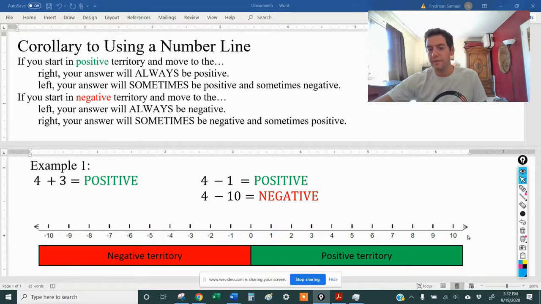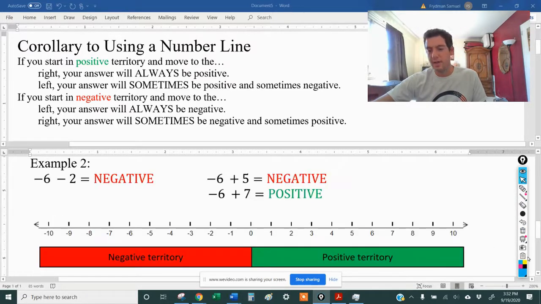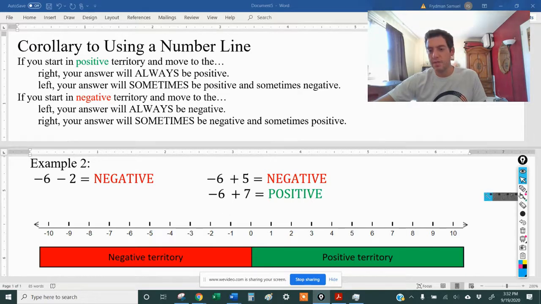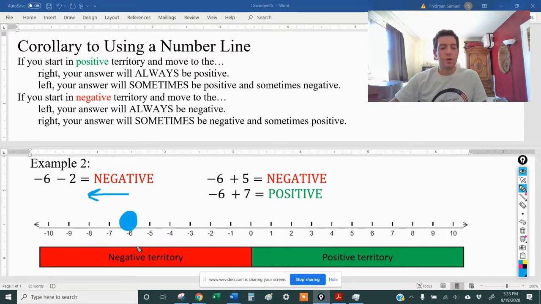In all of these cases now, we're starting in negative territory. So in these cases, we're always going to start at negative 6. All right, so we'll start at negative 6, and if we move to the left, if we go this way, then of course we're going to stay in negative territory.